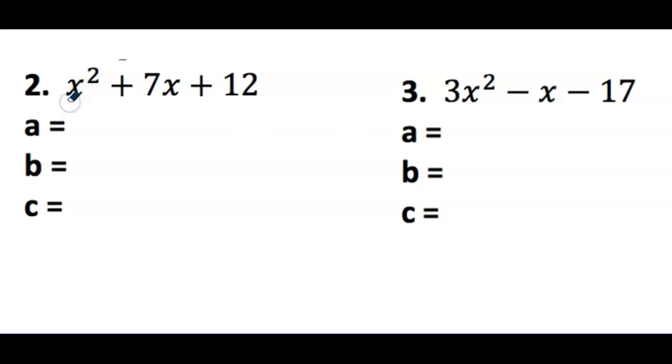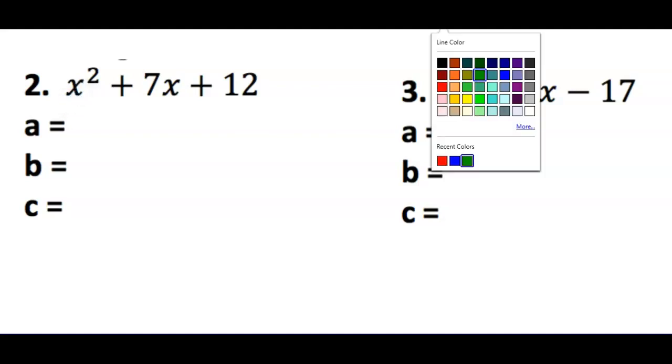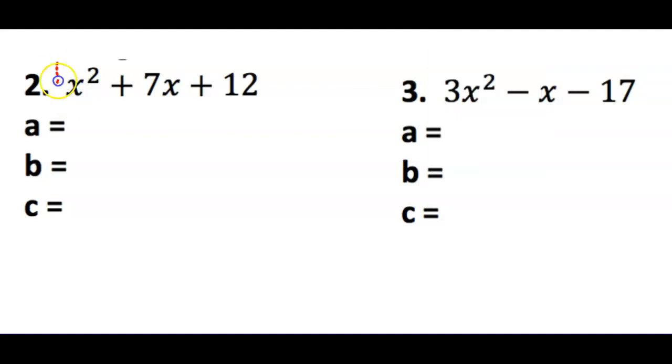So in other words, what's in front of that x squared term? You know that there's an imaginary 1 there, okay? That's all I'm going to tell you. Come back and identify your A, B, and C for 2 and 3, and check your answers.